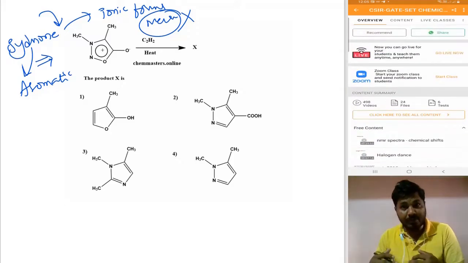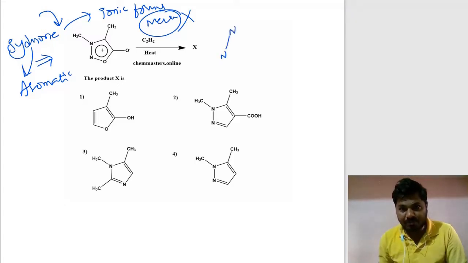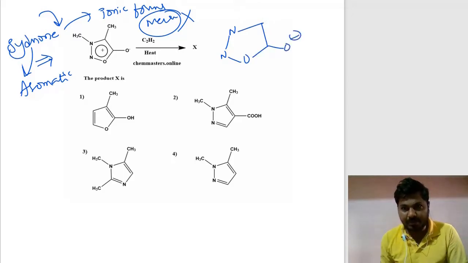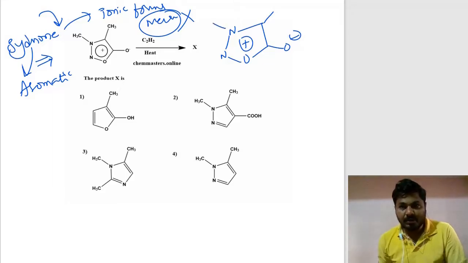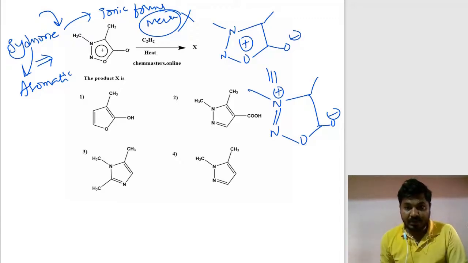Okay, now here I'm going to draw the possible resonance structures of the given sydnone. So here this is the structure we have given as a reactant, which can be drawn in the perfect ionic form of the given sydnone, where one of the nitrogens must be positive because one of the nitrogens can have valency 4.